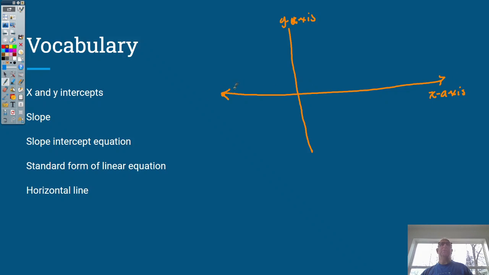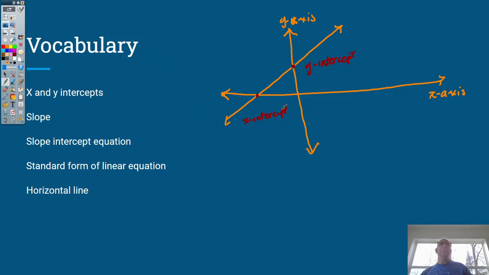The x-axis always goes across forever and ever in a straight line, and the y-axis goes up and down forever and ever on a straight line. If I draw a straight line here, where it crosses the y-axis is called the y-intercept. And here where it crosses the x-axis is called the x-intercept.